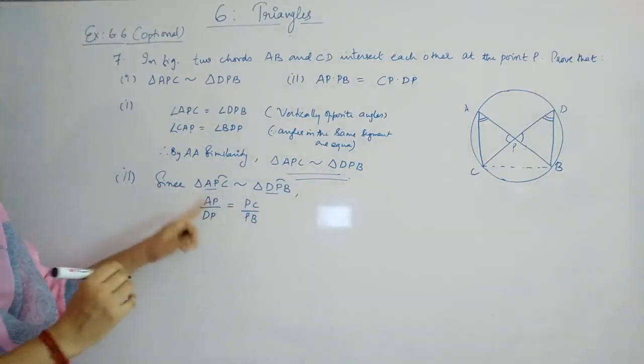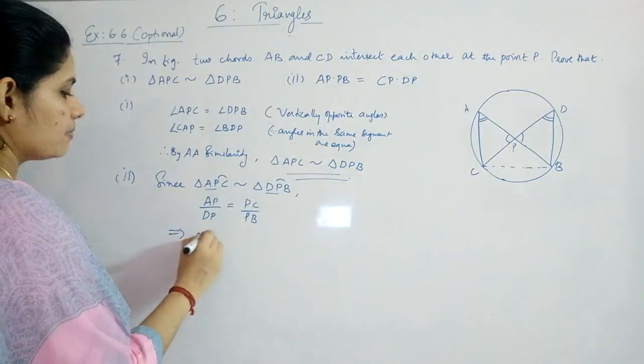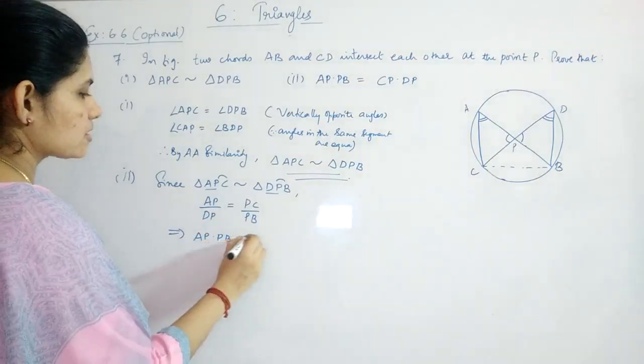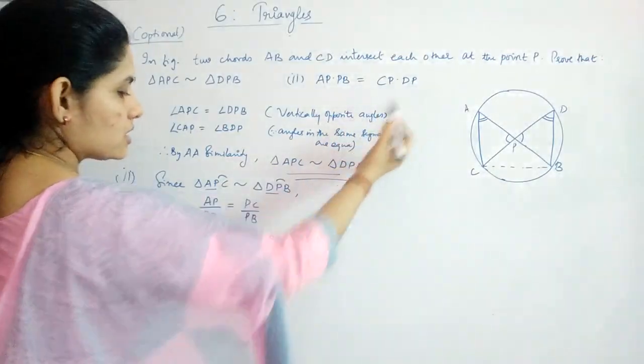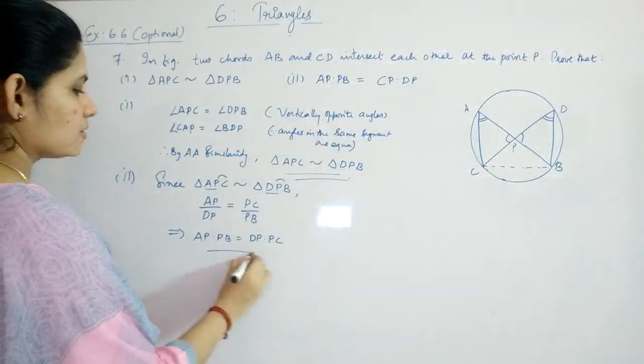Now cross multiplying, AP into PB is equal to DP into PC, which is what you need. PC same as CP.